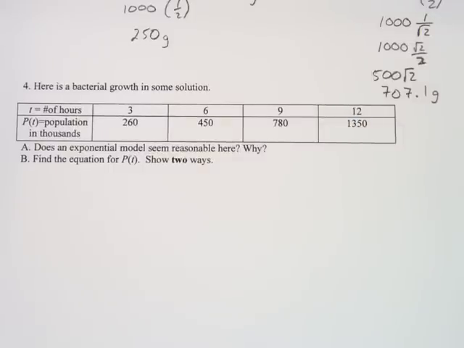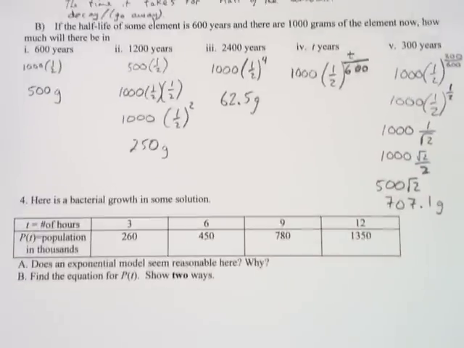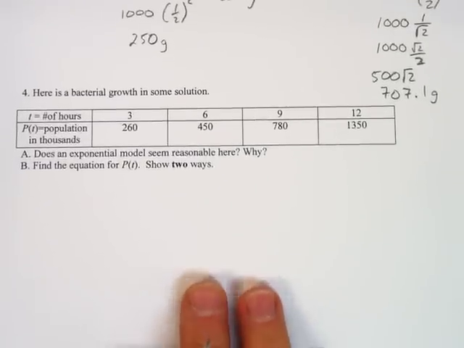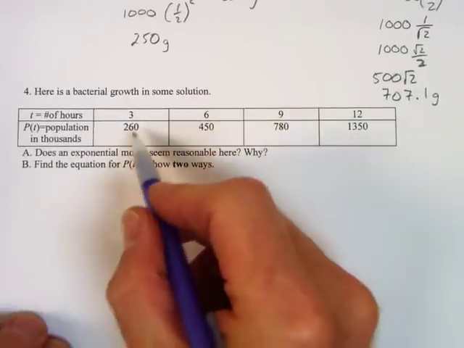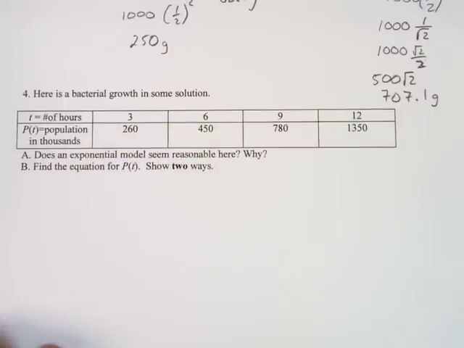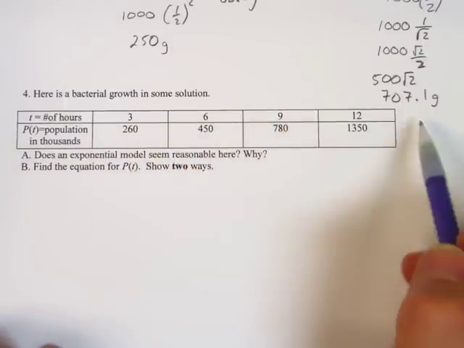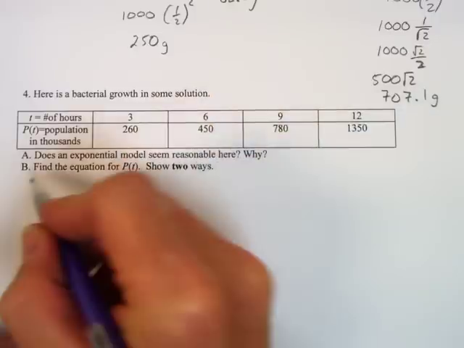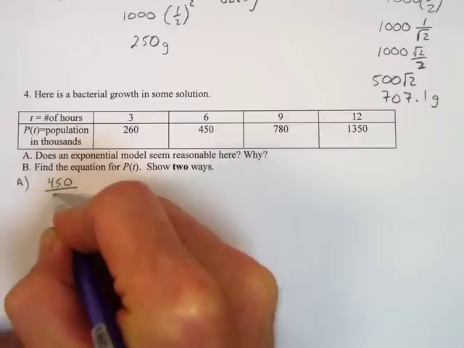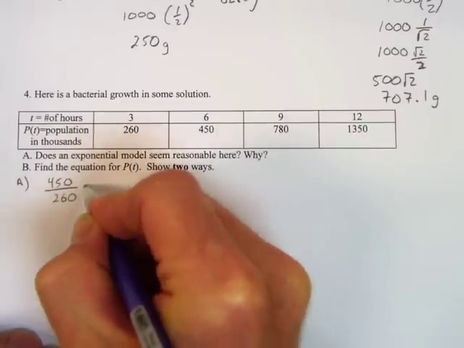What about an exponential model? What does that mean? When we're looking at, for example, this half-life, what are we doing every single time? We're multiplying by something. So is there a multiplication factor that you could apply going to each one of these? What we'd want to do is take a look. What's 450 divided by 260?